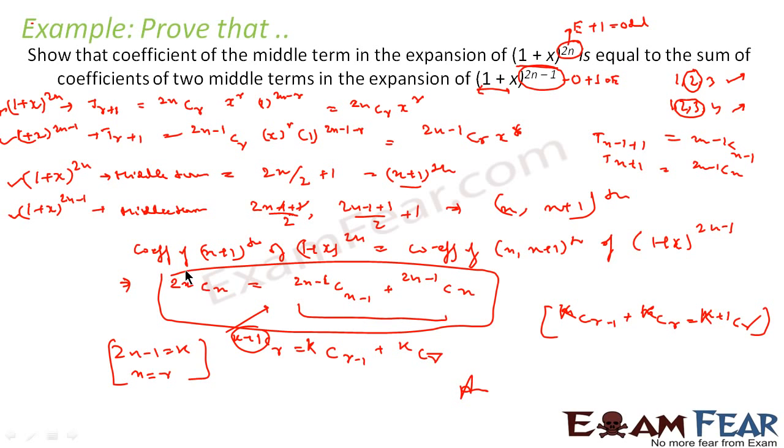We were told that the coefficient of the n plus 1th term of (1 plus x) to the power 2n is equal to the coefficient of the n-th and n plus 1th terms of (1 plus x) to the power 2n minus 1. We had to prove that. So we found the coefficients from the equations we created, and using the formula kC(r minus 1) plus kCr is equal to (k plus 1)Cr, we are able to prove that.